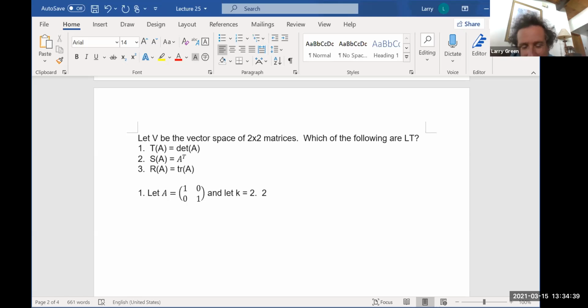What is the determinant? I think I need to do it this way. Determinant of 2 times the matrix 1, 0, 0, 1. I guess I should put some parentheses around that.